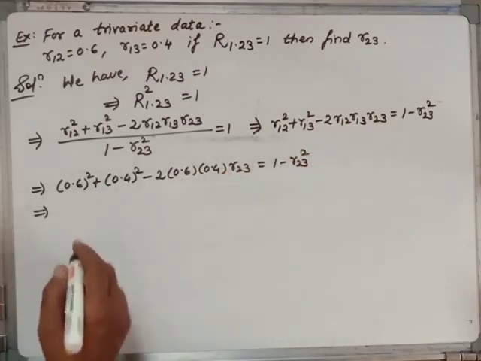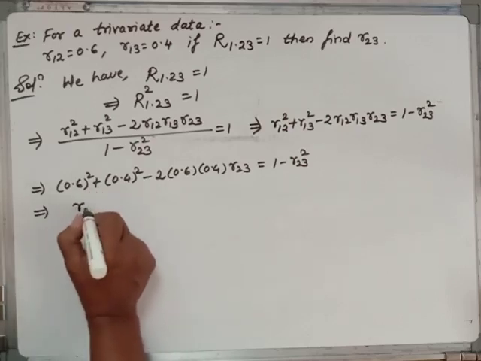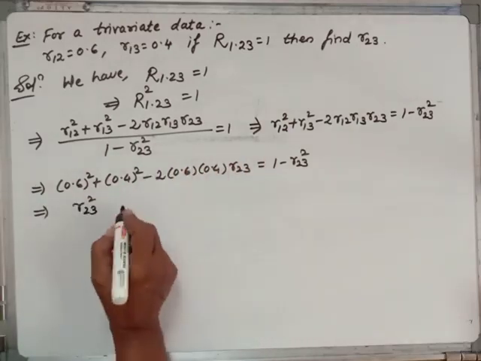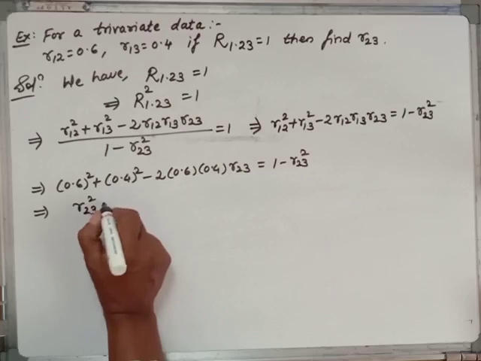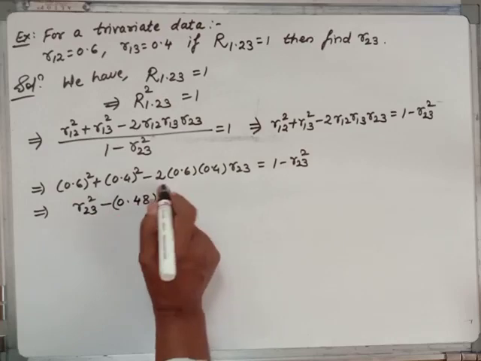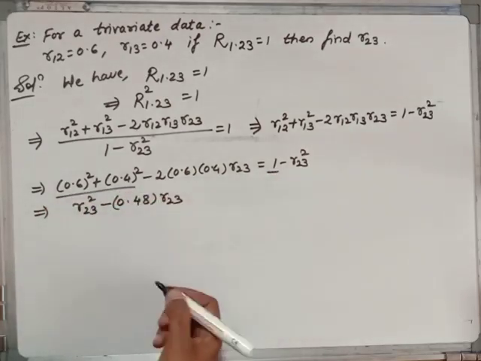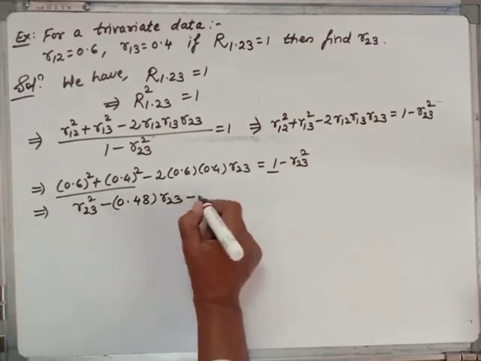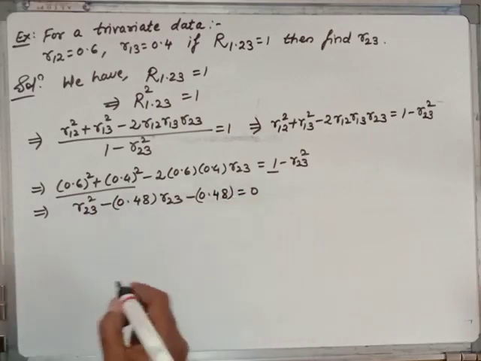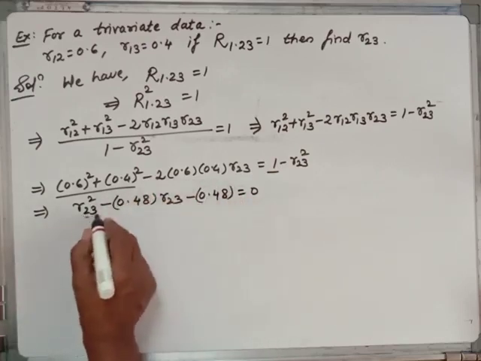Simplifying, we get R23 square. Take both the terms on left hand side: R23 square minus 0.48 into R23, and these terms we will take together, minus 0.48, equal to 0. Okay. Now this is quadratic in R23.